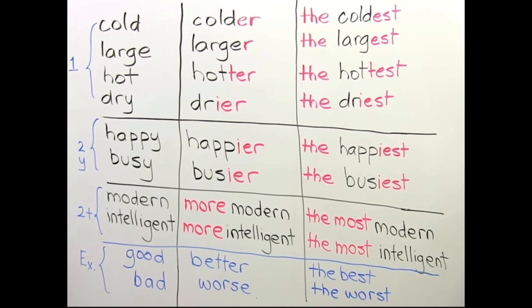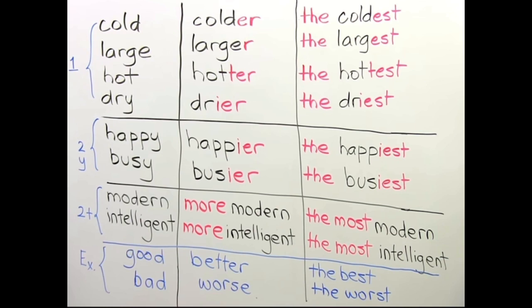Okay? So let's take an example. Modern, it's 2 syllables. More modern, the most modern. Okay? So now you see where this construction comes in, right? It's different from the other.